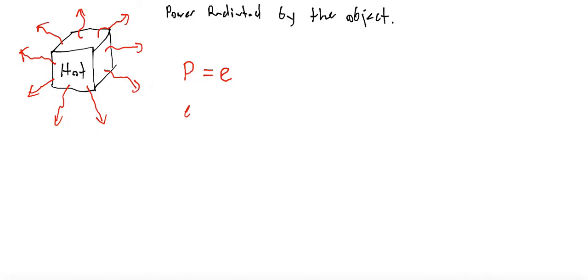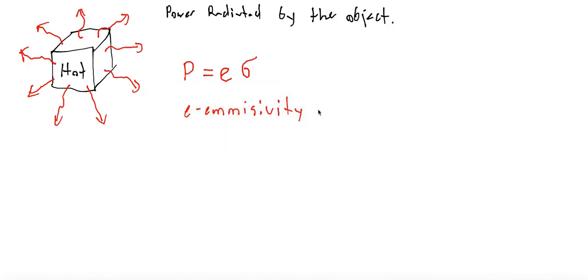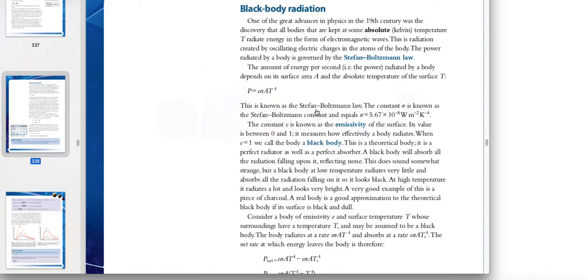A is emissivity. It depends on the constant, known as the Stefan-Boltzmann constant.